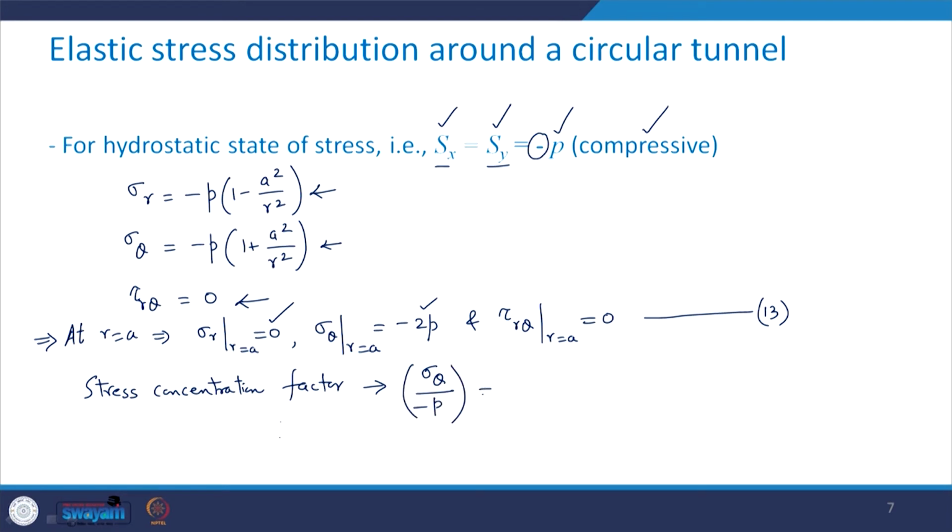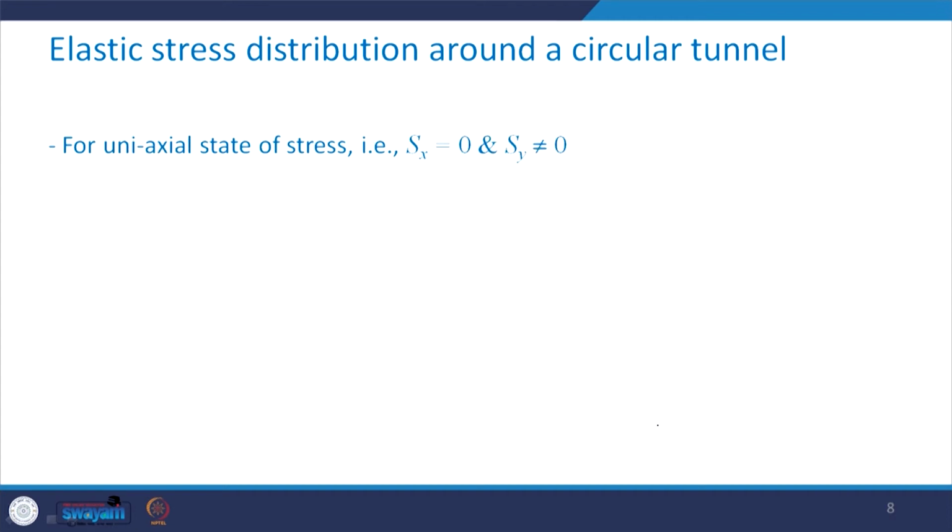So, this is going to be equal to 2 at r equal to a. Please remember this, we are going to use this information while we plot the stress distribution around a circular tunnel.